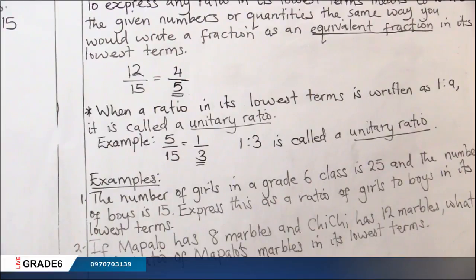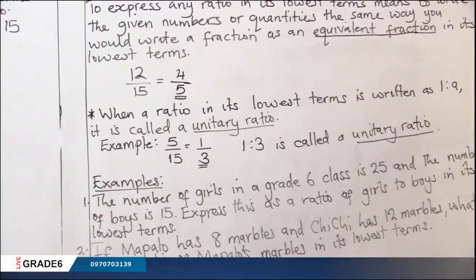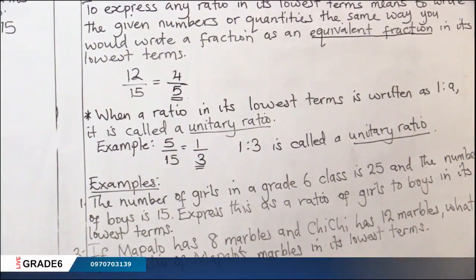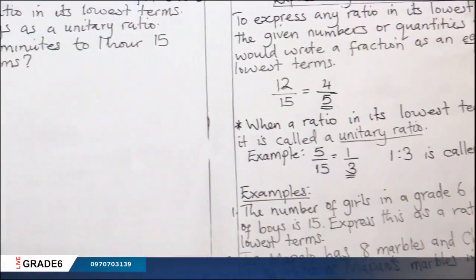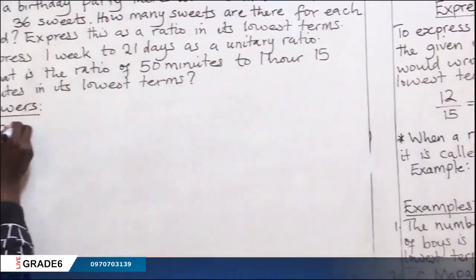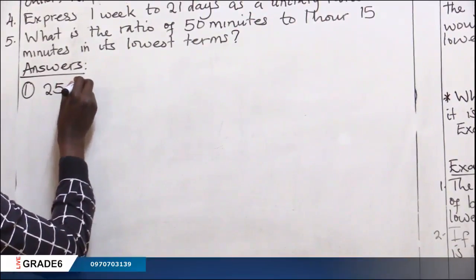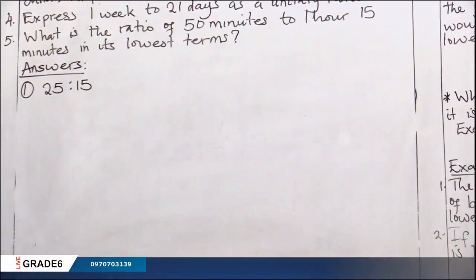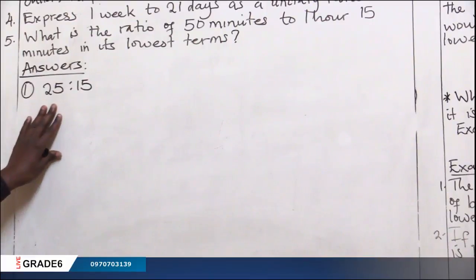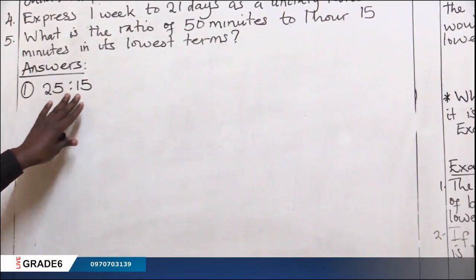So we are going to express 25 to 15. The number of girls is 25 and the number of boys is 15.